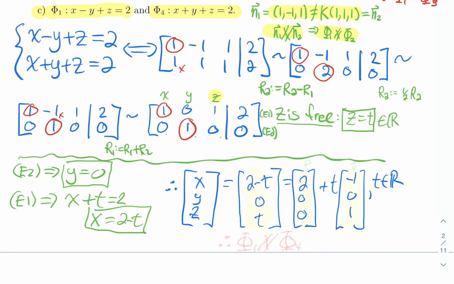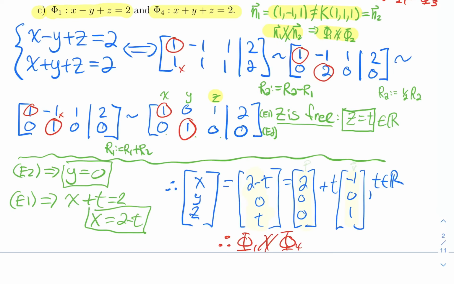And now, again, a very important remark here. Because we have infinitely many solutions with only one free variable, the conclusion is that phi1 is not parallel to phi4.